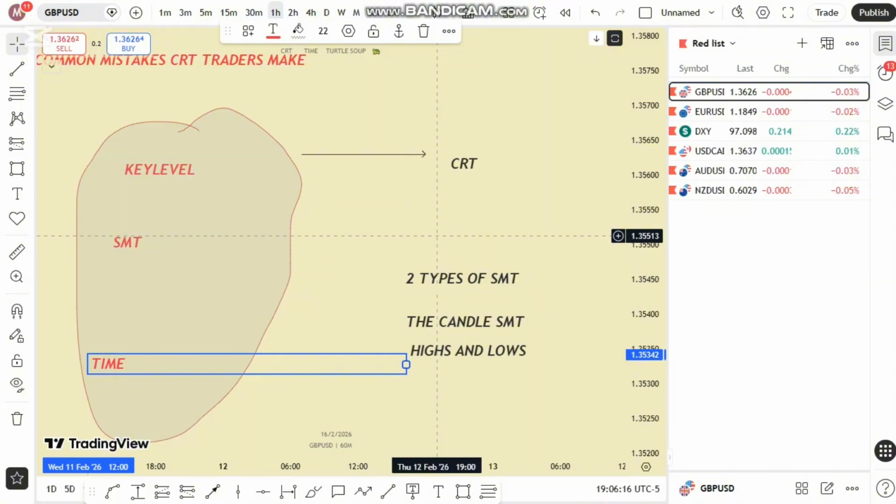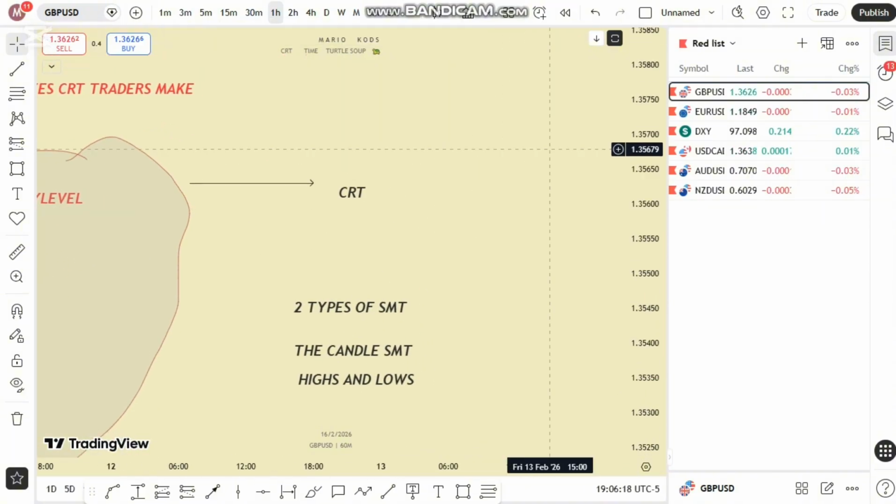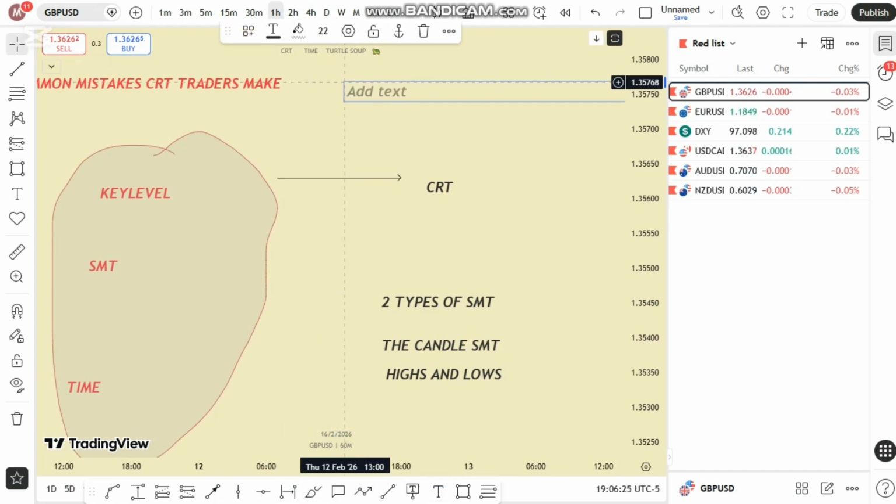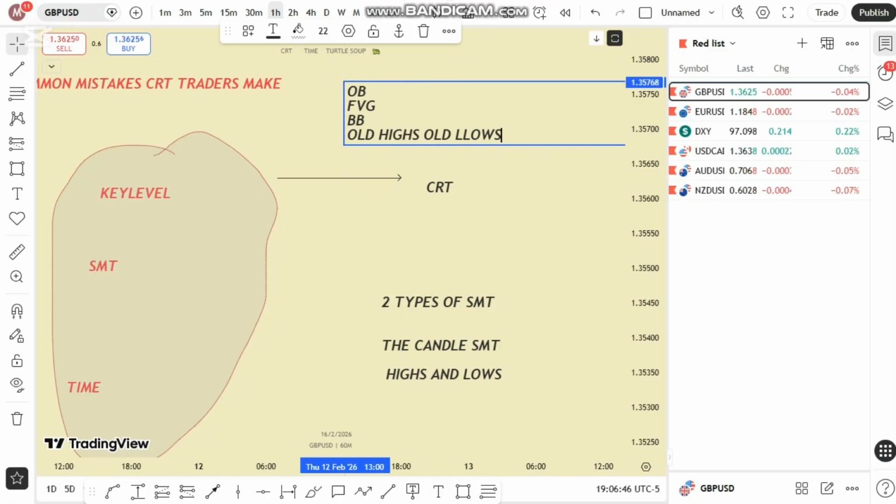Okay? So what are the core key levels for us to watch? Number one is order block. Number two, fair value gap. Number three, breaker block. Number four, the most important one: old highs and old lows.